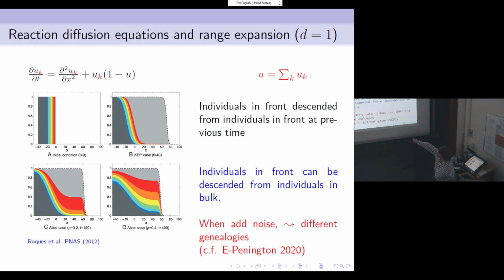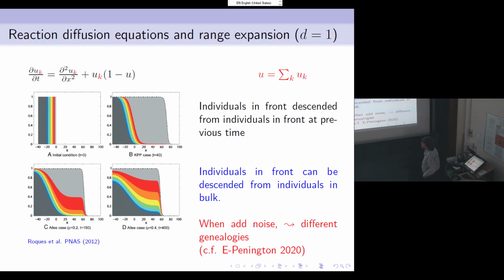So this light grey, if that's u_1, then du_1/dt is the Laplacian of u_1, plus u_1 times (1 − u), where u is the sum of all the u_k. What this trick does is it allows us to keep track of where individuals are descended from.